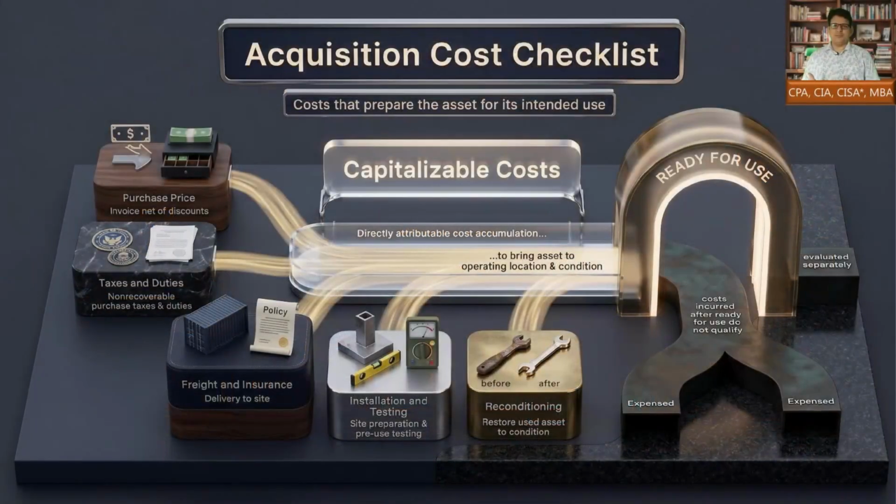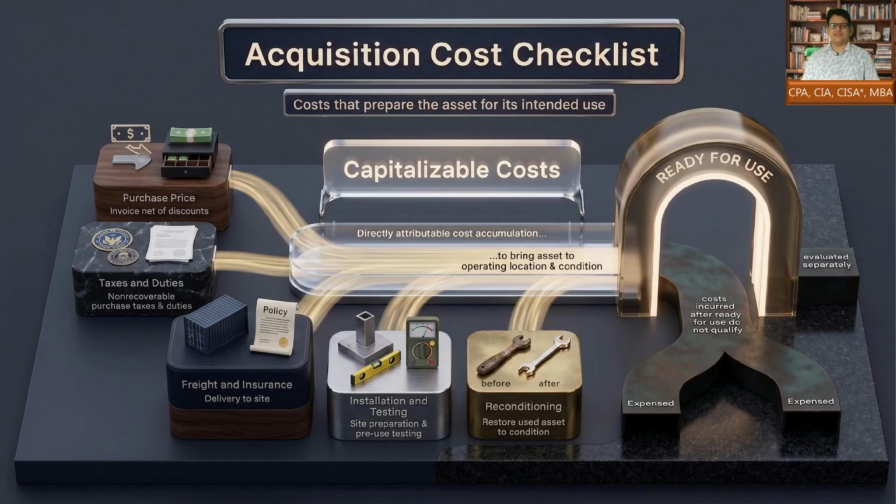Initial PPE cost is usually broader than the invoice price. The cost base can include purchase price, non recoverable taxes, import duties, freight, shipping insurance, handling, installation, site preparation, foundations, testing before use, and reconditioning of a used asset before it becomes ready for productive use.